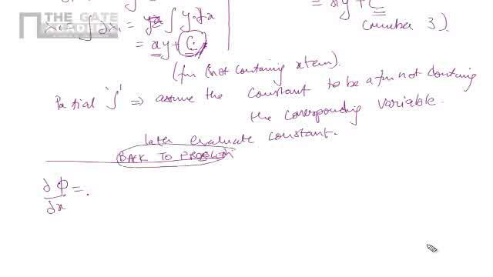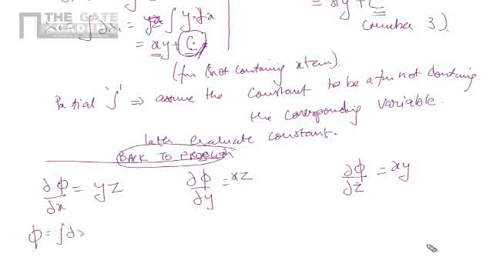We found that ∂φ/∂x is nothing but yz, ∂φ/∂y is nothing but xz, ∂φ/∂z is nothing but xy. Now when we integrate this, φ is nothing but the integral of ∂φ, that is the integral of yz ∂x, which is xyz plus, what is this?